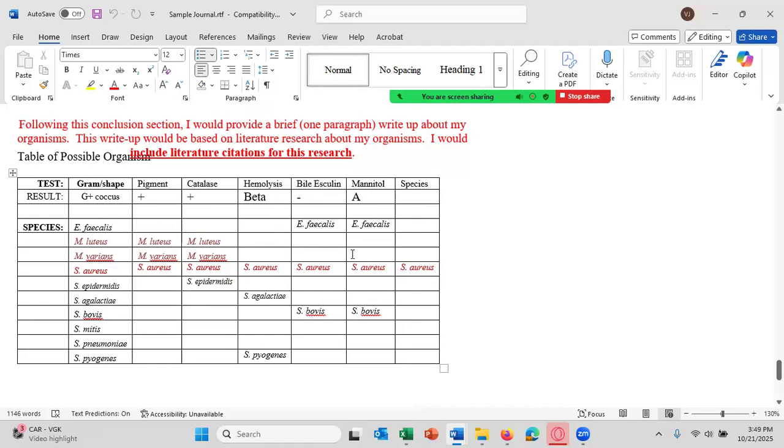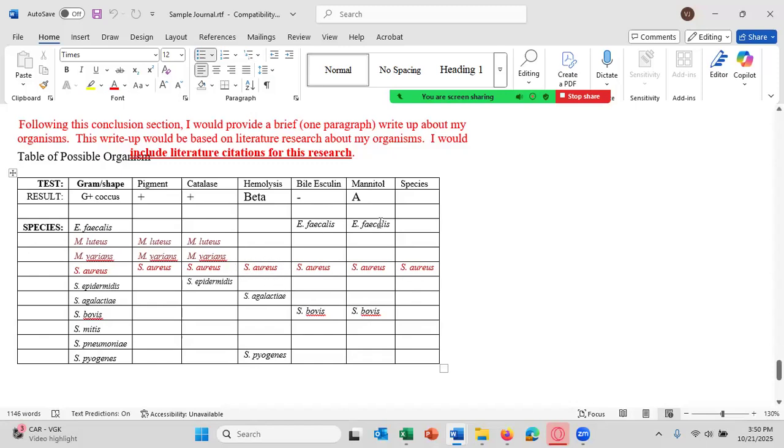And then he ran 2 tests after running beta hemolysis, which he would get a penalty for in my grade book, because I'm only allowing you to do 1 confirmation test, meaning once you've identified your species, you can only do 1 confirmation test to make sure that you've identified the correct species.